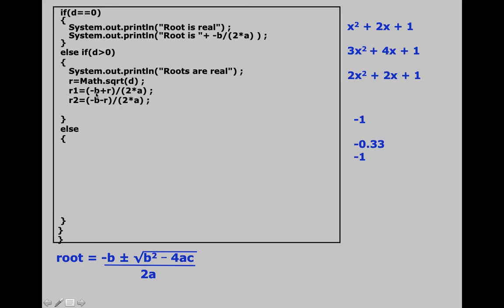So this will become minus 4 plus 2 upon 2 into 3. So that will give you minus 1 by 3, which is minus 0.33. This will become minus 4. Look at the mouse pointer. Always keep your eye on the mouse pointer. This will be minus 4 minus 2. So minus 4 minus 2 is minus 6 upon 6. So that will give you minus 1. Okay. And then I display R1 and R2.